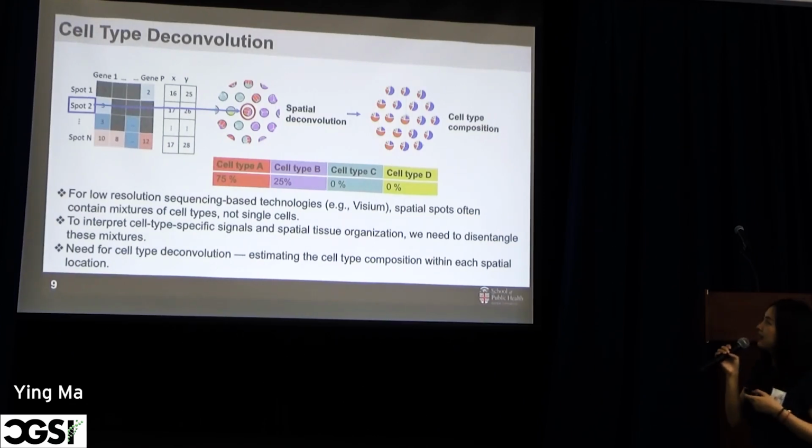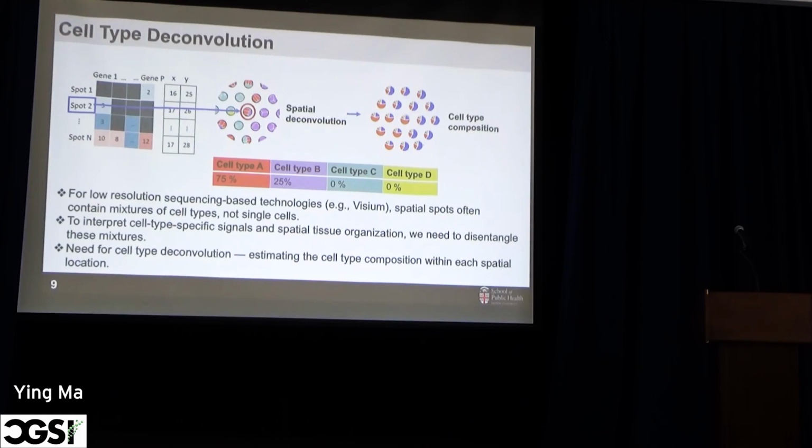So let's look at cell type deconvolution. As I mentioned at the beginning, for the 10x Visium technology, because of the resolution limitations, each location is not at single cell resolution. Instead, it measures a mixture of cell types.